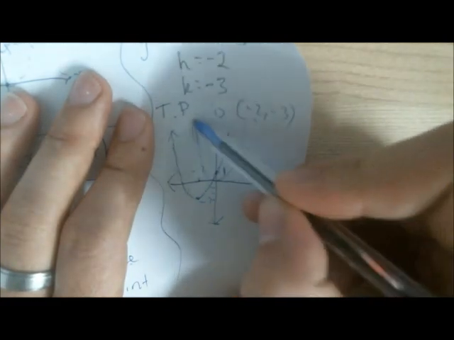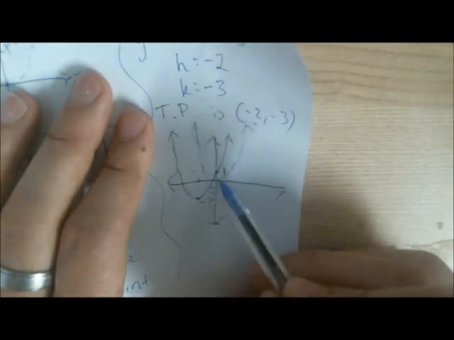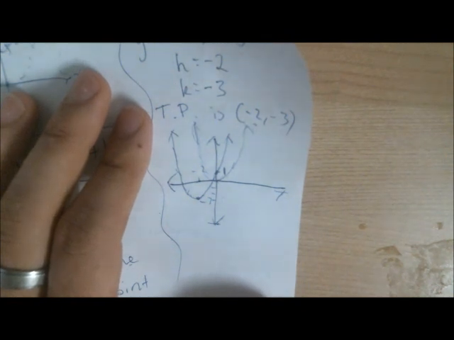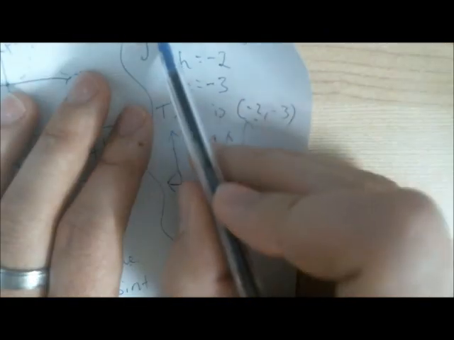I know it's not well drawn, but you get the gist. Basically this graph has been moved down 3 and across 2. So it's been translated down 3 units and translated to the left 2 units. And the dilation is factor 1 because a is equal to 1. There is no number at the front here.